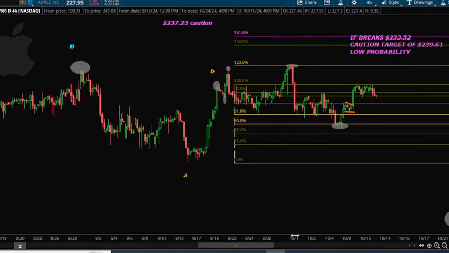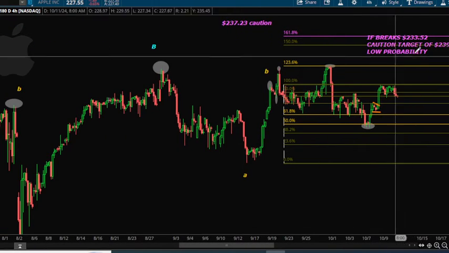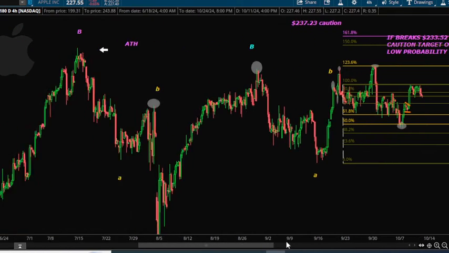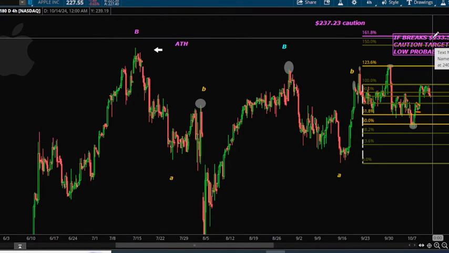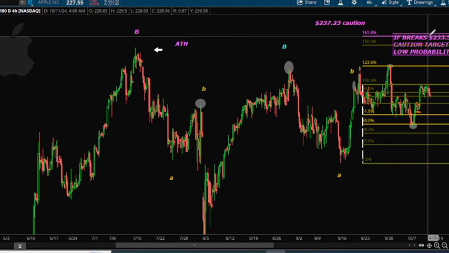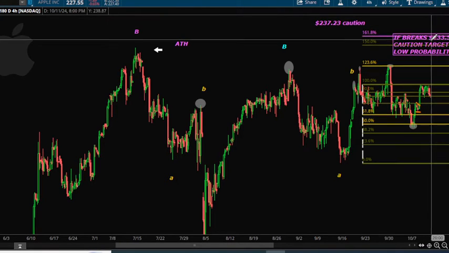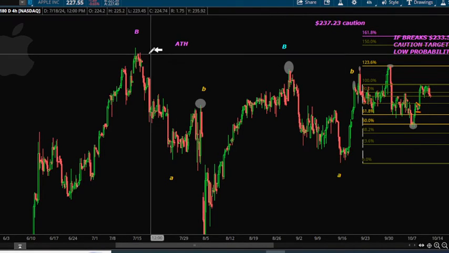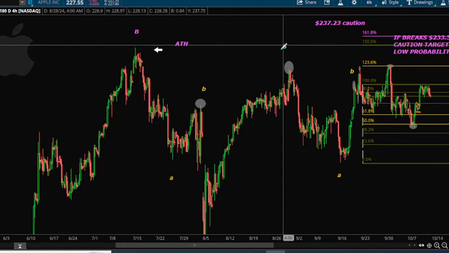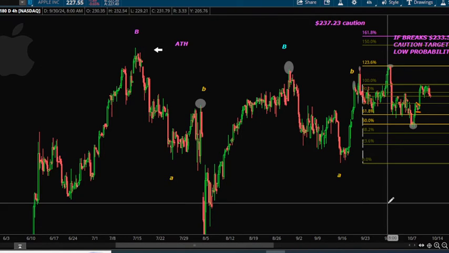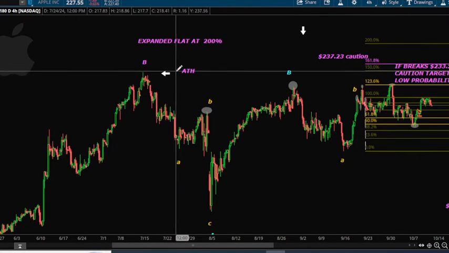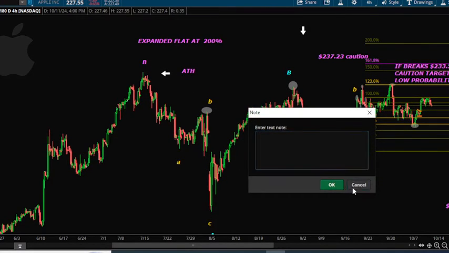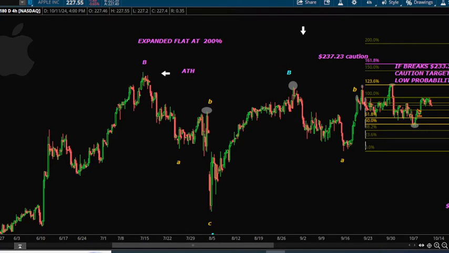And then the other break target or caution target that we need to look out for then is if this does break here, and then if it breaks, looking like it's going to keep wanting to go up, that means that we're looking for a bigger B wave here, and that would be quite a bit higher. Let's find out.